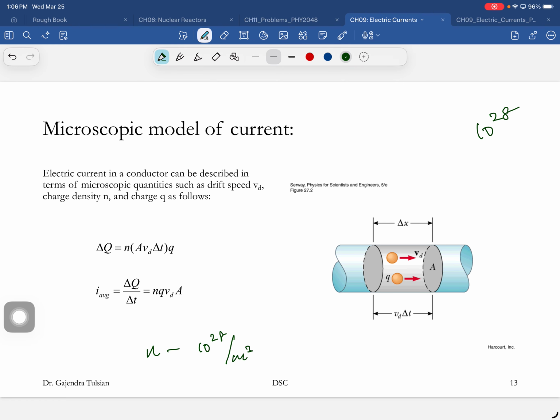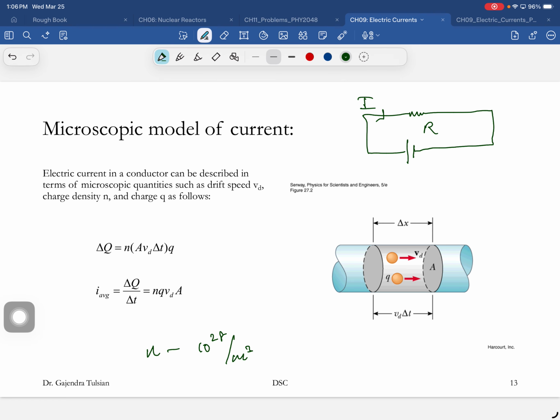So here's something interesting. Let's say there is a current flowing in this. This is a battery. Here is the symbol for a resistor.